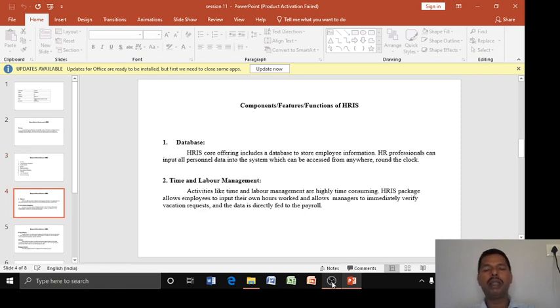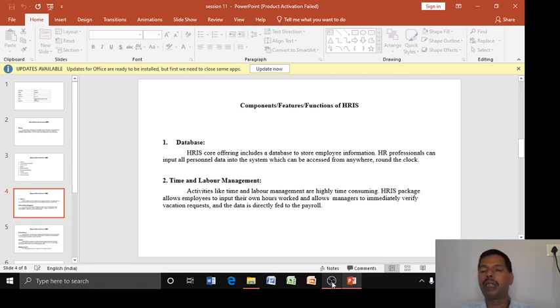Now, we will look into each component or feature or function of HRIS in detail. First one is database. Human Resource Information System's core offering includes a database to store employee information or employee profile. HR professionals can input all personnel data.